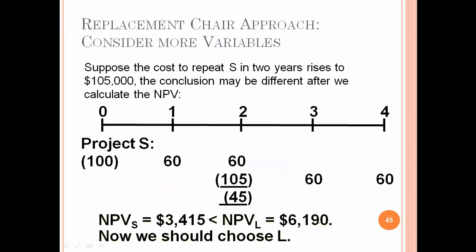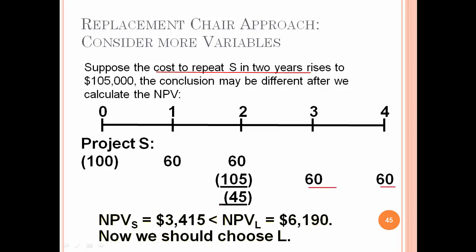Now, if we have to consider more variables in this replacement chain approach, for example, suppose the cost to repeat S in 2 years had to rise to 105 instead of the same 100 as before. Then the conclusion may be a little bit different after we calculate the NPV. So if we replicate the project by the end of year 2 with an initial investment of 105 instead of just 100, and cash inflows are the same.